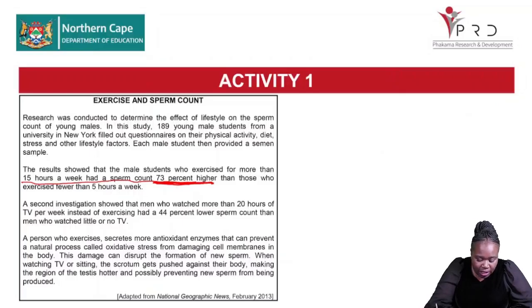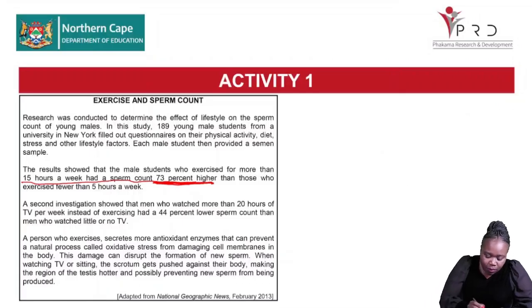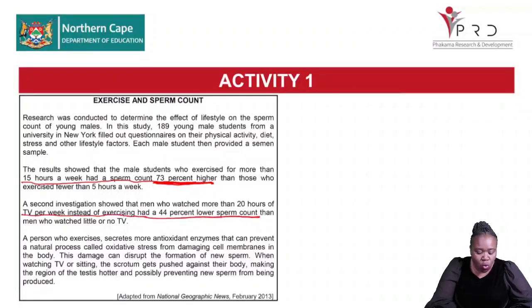A second investigation showed that men who watched more than 20 hours of TV per week instead of exercising had 44% lower sperm count than men who watched little to no TV.